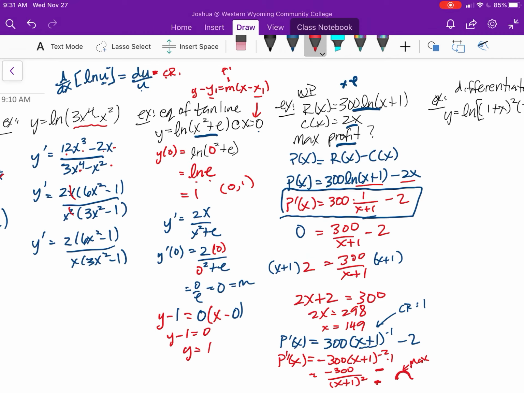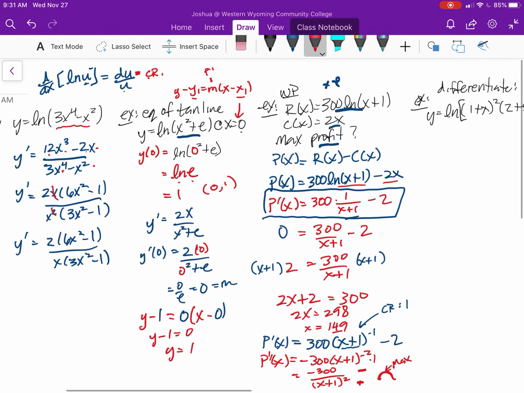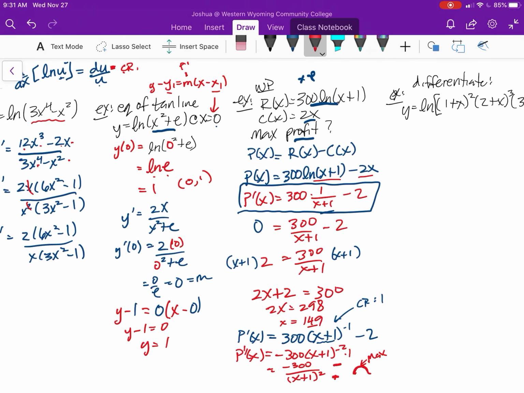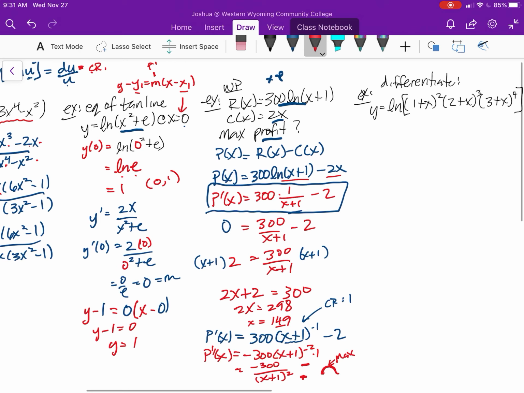So x is 149. That means 149 units should be produced and sold, right? x is the number of units. So when 149 units are sold, profit is maximized.